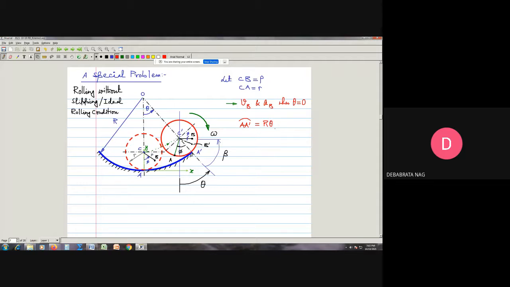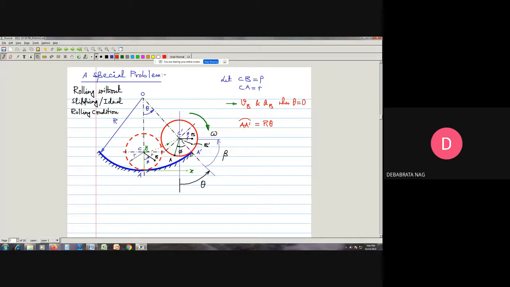Now, in order to arrive at this position, we can mentally think, since this is a general plane motion, that as per Chasles' theorem, we can conceive this motion to be a combination of curvilinear translation and rotation. So this takes care of the translational movement of this point. This is the amount of arc length it travels.